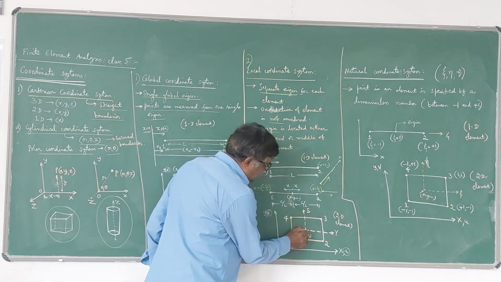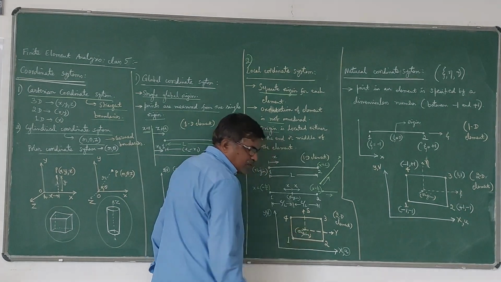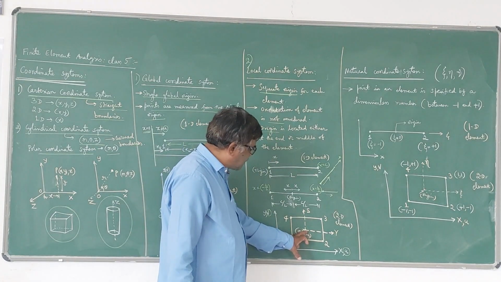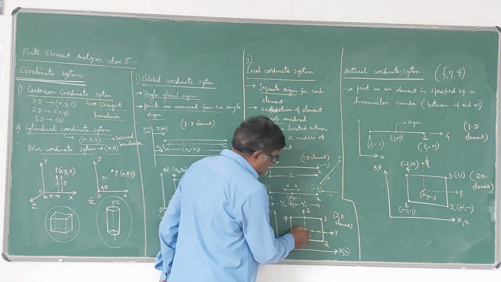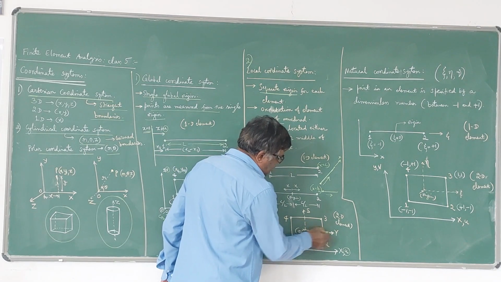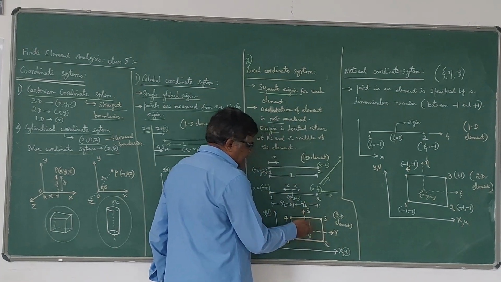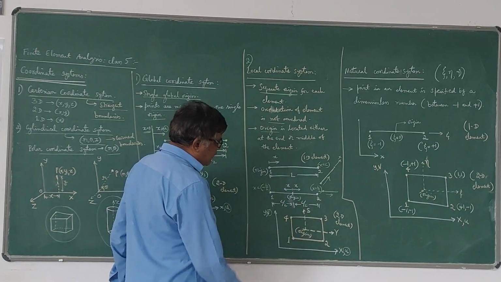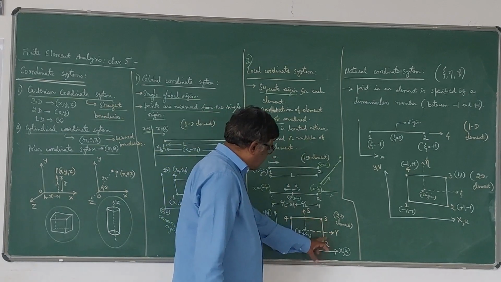If I choose the center or centroid of this element as the origin, then through the origin you can have two axes of reference. The r-axis is parallel to the x-axis, the s-axis is parallel to the y-axis, and with respect to that you can measure the distances of these coordinates.